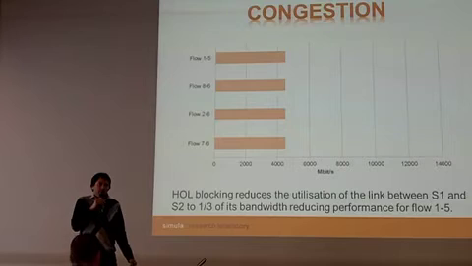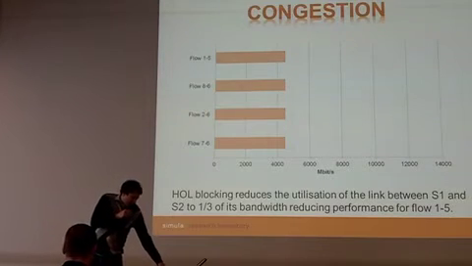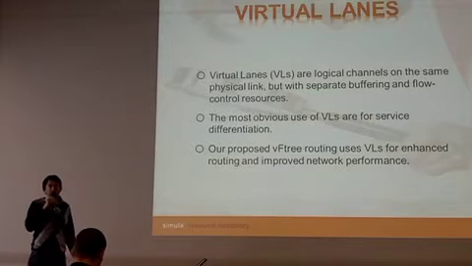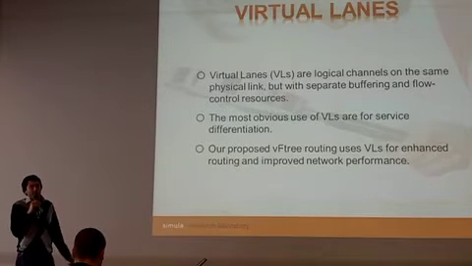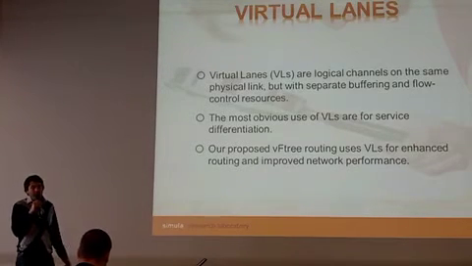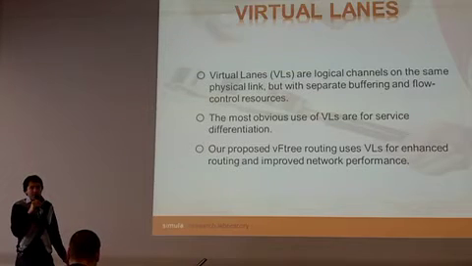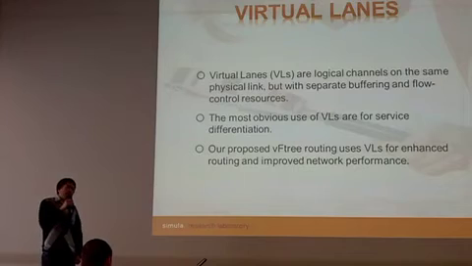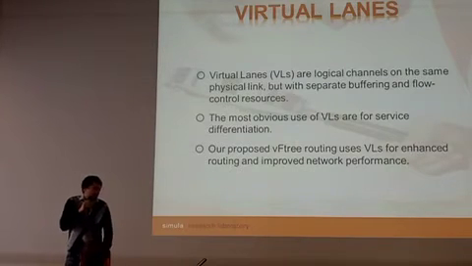So how can we fix this using virtual lanes? Well, virtual lanes are basically logical links that share the same physical resource, but they have independent buffering and flow control resources.